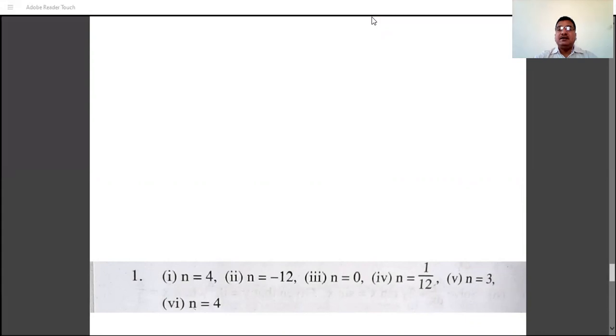When is M dx plus N dy a homogeneous differential equation? So observe these problems.